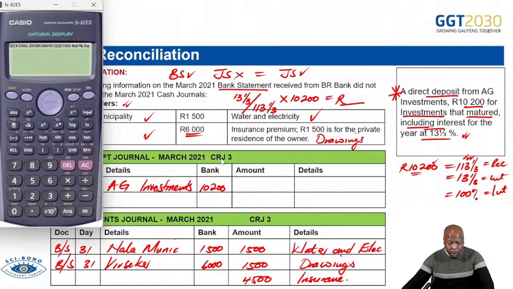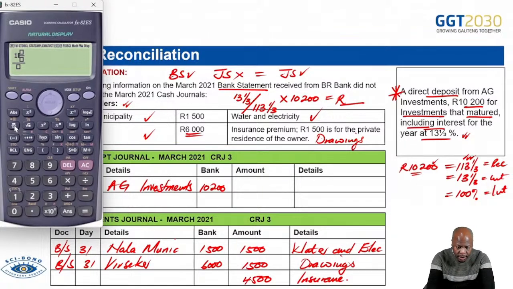All right. The first thing that we're going to do is punch on our calculator what we want. We want 13 and a third. That is what we want.